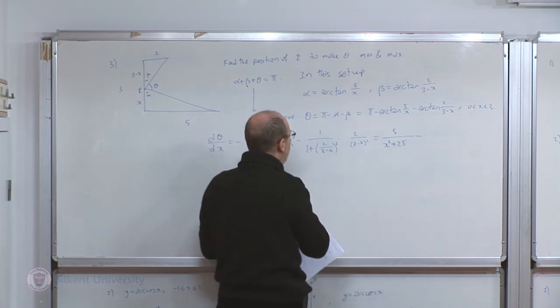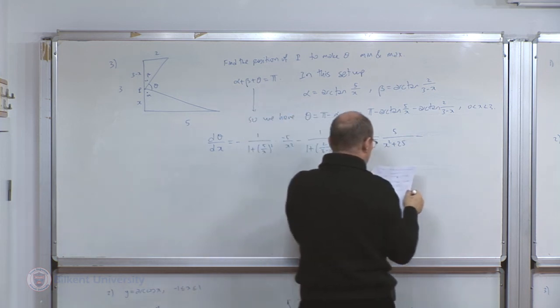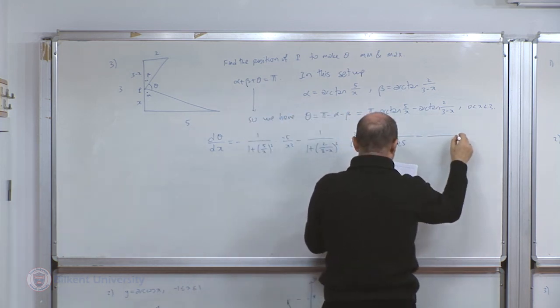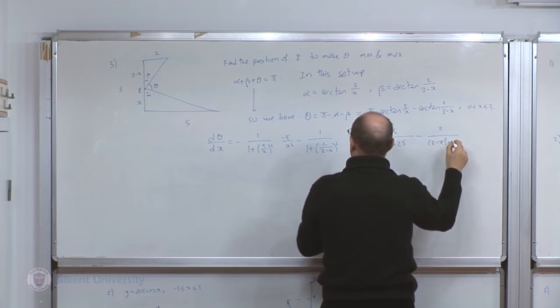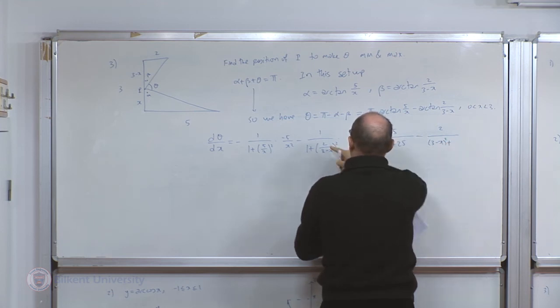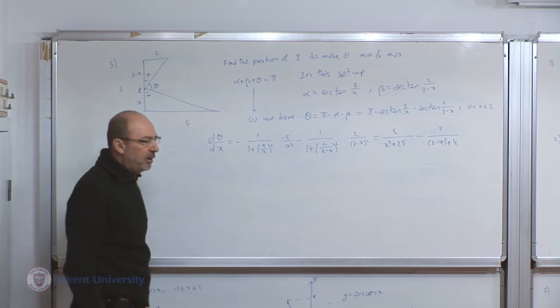Here I have this minus. Again, this square will cancel with this square. So the second thing will be 2 over 3 minus x squared plus 4. Where is 4? Why? I have this 4 here. Okay, so this is the derivative.